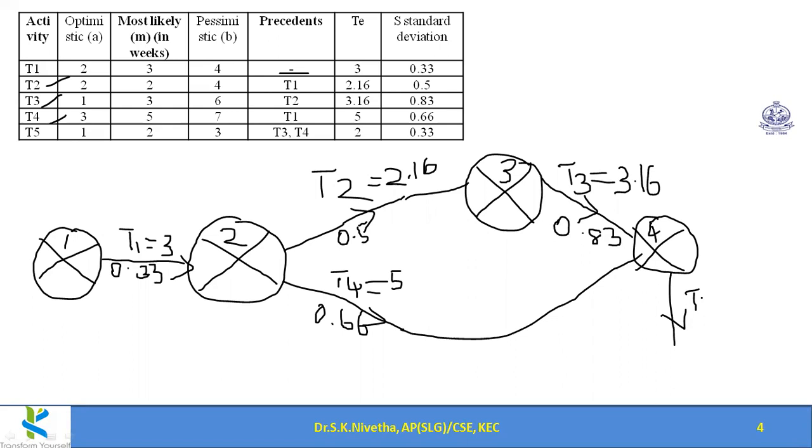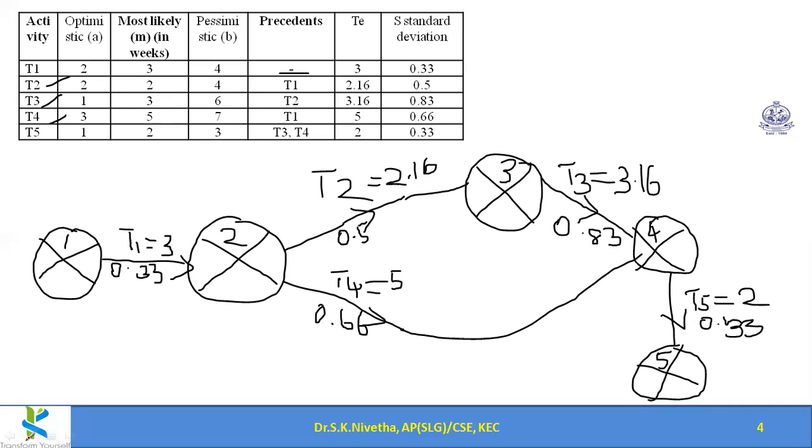T5 can start, for which the expected duration is 2 and the standard deviation is 0.33. Now, after T5 is over, we'll be ending in the 5th event. That will be the last event.